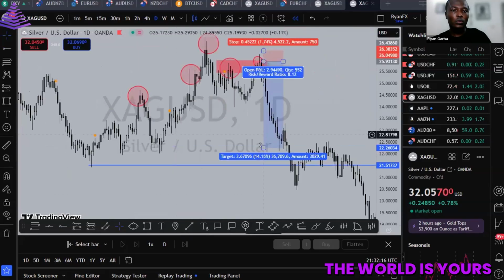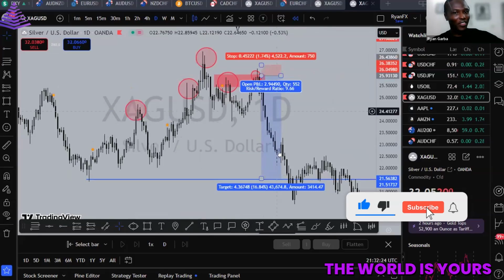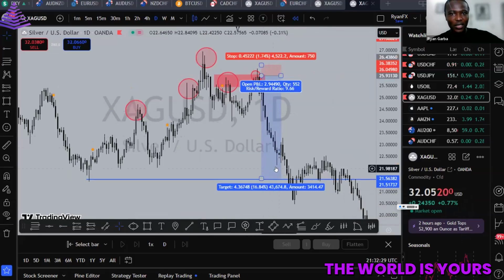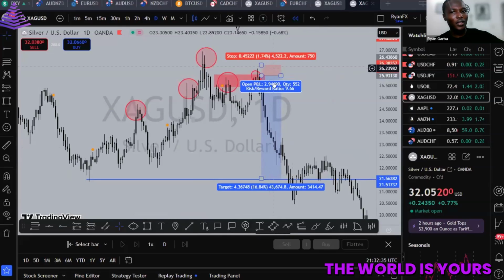So you can just hold. Wow, and imagine after a few days, you are bagging all this. And this one is 9.6. You are risking just a few dollars to get 9.6 times, literally almost 10 times.